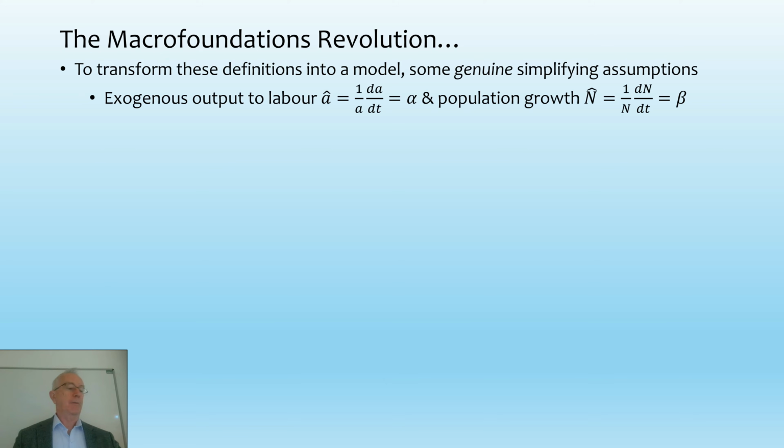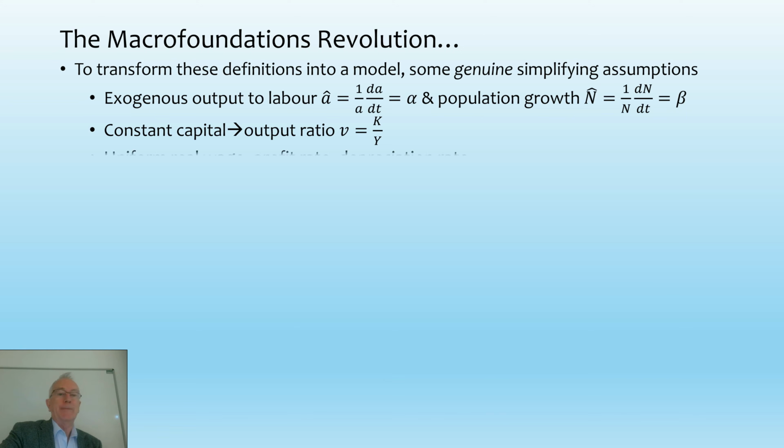So my simple assumptions here: I'd have an exogenous rate of growth in the output to labour ratio. I could use alpha for that. The same for population, not looking at any feedback effect as yet, but you could bring a feedback effect in. A constant capital to labour ratio, you can make that variable later. And a uniform real wage, profit rate, and depreciation rate.